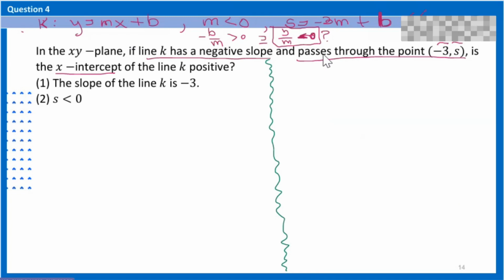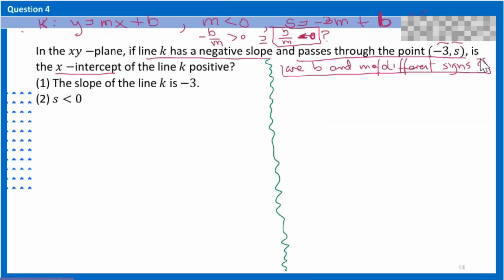It's basically asking: are b and m of different signs? Because that's what the inequality means. That b over m is less than 0, if they are both real numbers, means that the two numbers have opposite signs. So are b and m of different or opposite signs? That's the true question you need to answer.